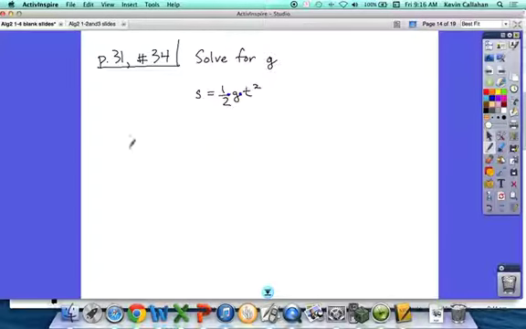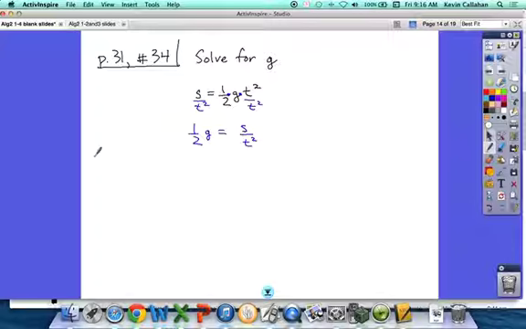Well, in order to get rid of those, we have to do the opposite of multiplication, which is divide, right? So let me take this in 2 steps. I'm going to divide both sides by T squared. All right, now I've got, and I'm going to switch sides, 1/2 G equals S over T squared. I use the symmetric property again, just to flip sides.